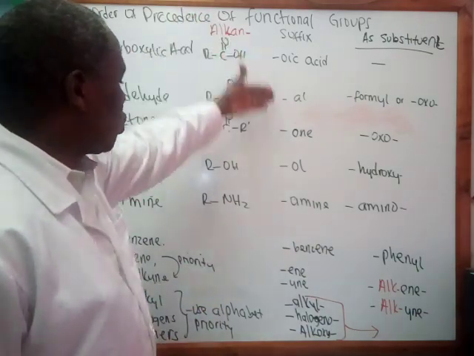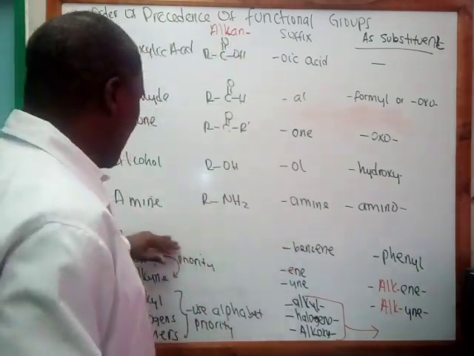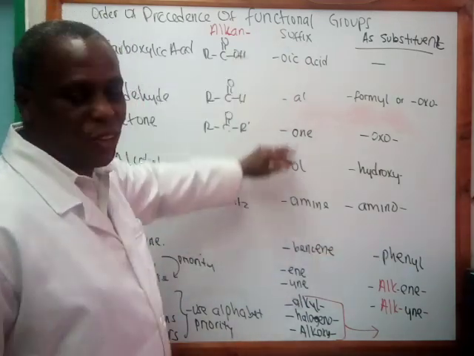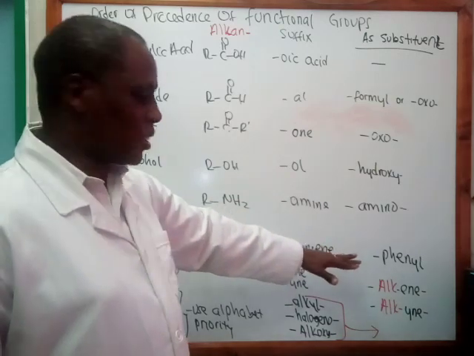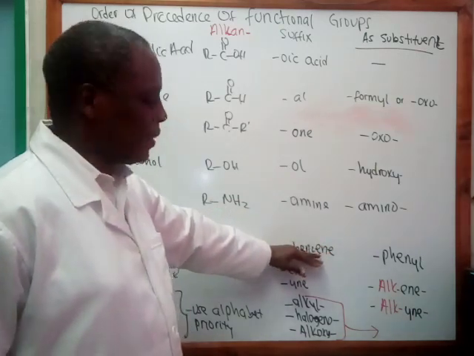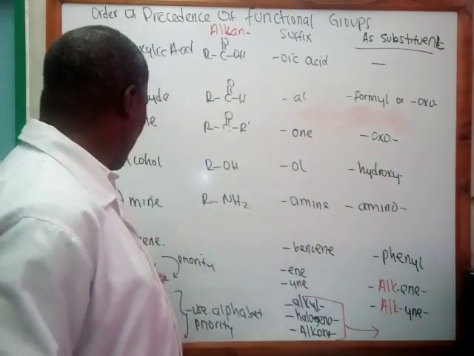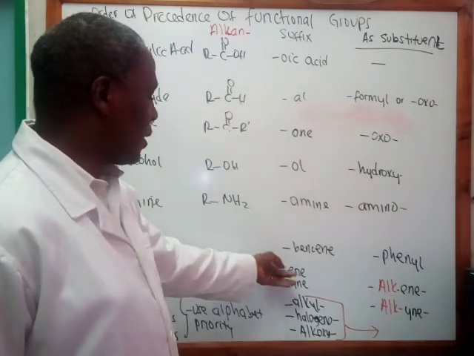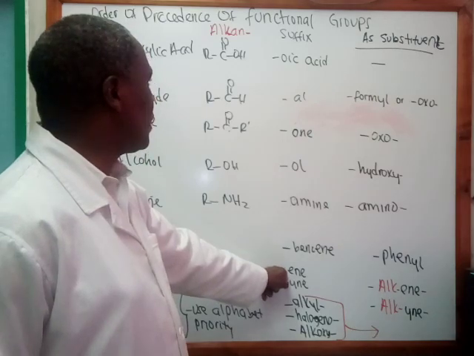So, let's just say we've got a structure. All of these groups here contain a benzene group. When there is none of these functional groups, then the name of that organic structure will end with benzene. If you've got a structure containing a double bond, then the name will end with ENE.